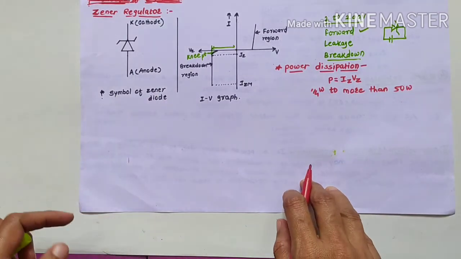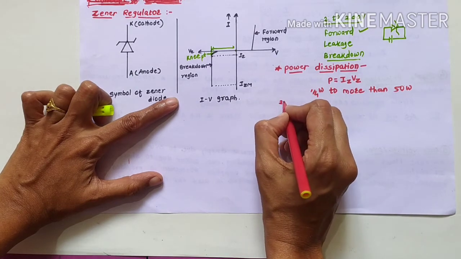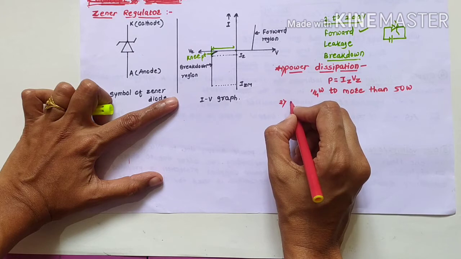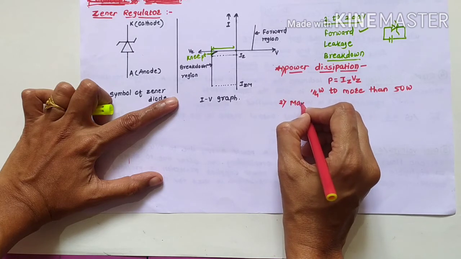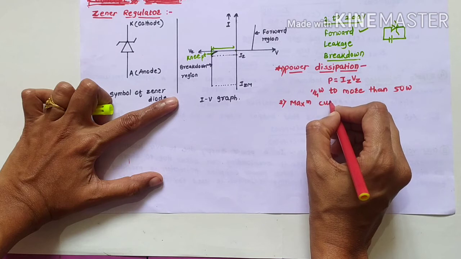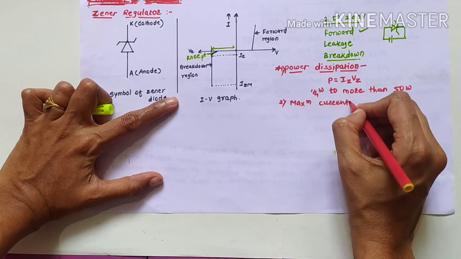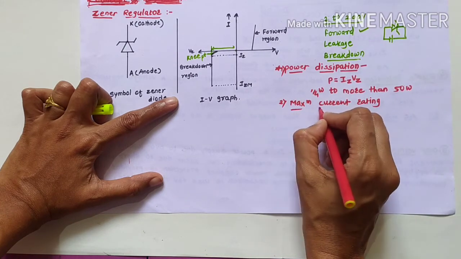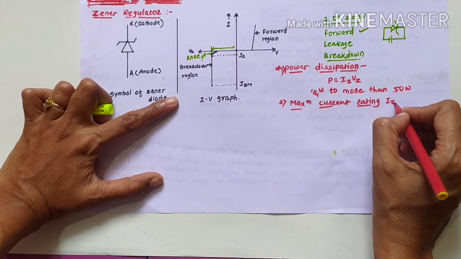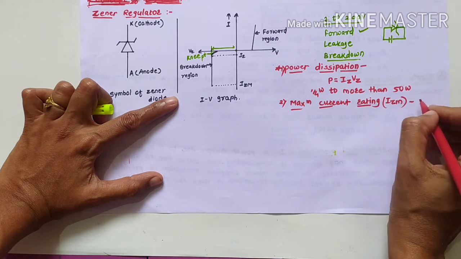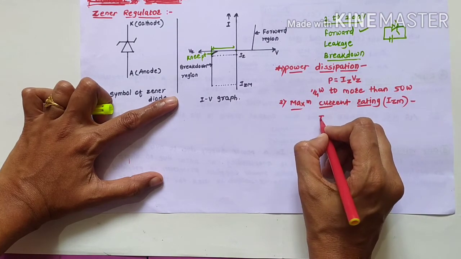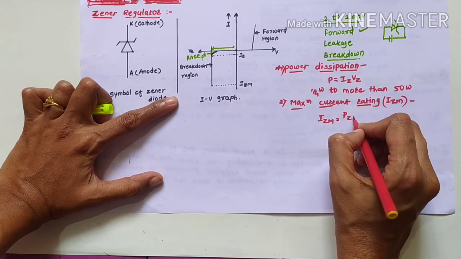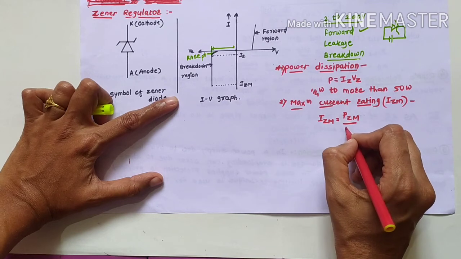Okay students, now second is current rating, the maximum current rating. This is denoted by IZM, and this current is given by IZM is equal to PZM, as we know that P is equal to I into V.